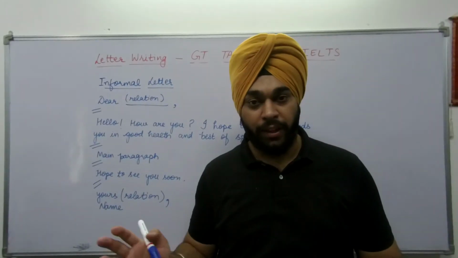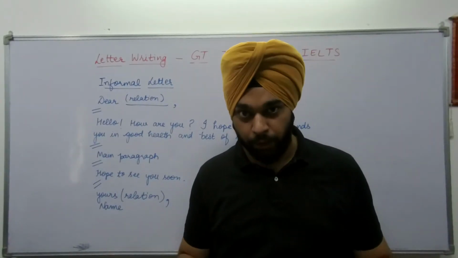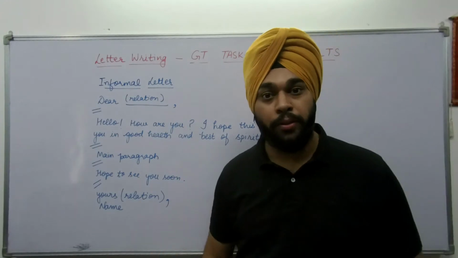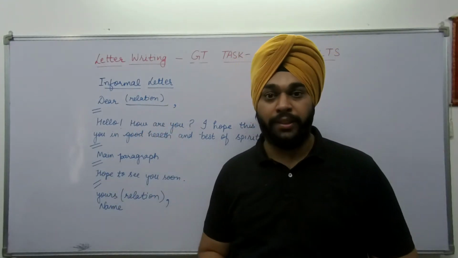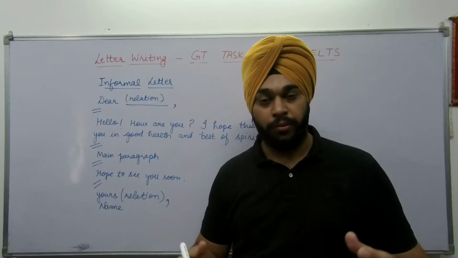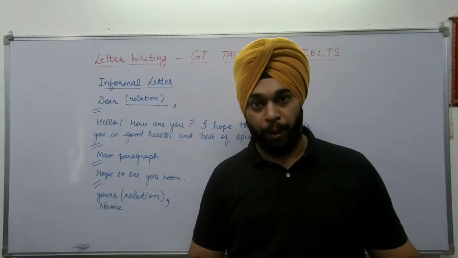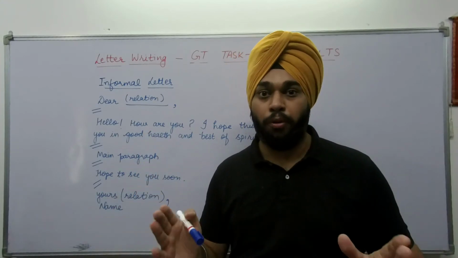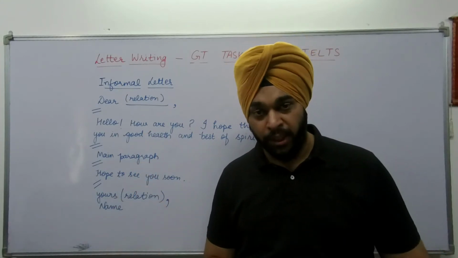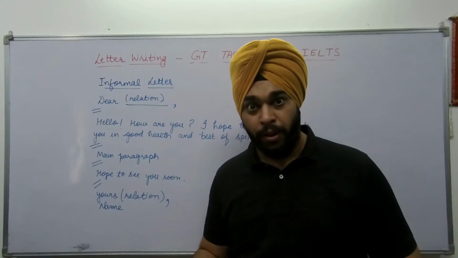So guys, as far as the format for the informal letter goes, this is how you need to start your letter. Dear, and then you write the relation. For an example, you are writing to your father. So you can write dear father, dear papa, dear daddy. You can use any word because this is an informal letter. If you're writing to your mother, dear mama, dear mummy, or dear mother.